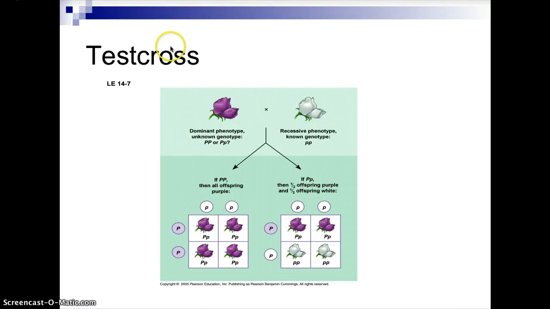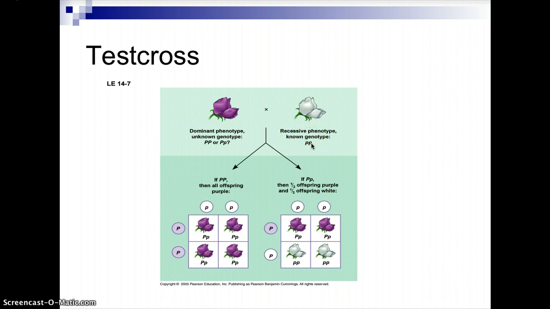Basically, what we have here is this parent, the purple flower parent, with the dominant phenotype and unknown genotype. We know that the dominant phenotype is purple. We don't know whether it's a homozygous dominant genotype or a heterozygous genotype. So what you're going to do is cross that with a recessive phenotype.